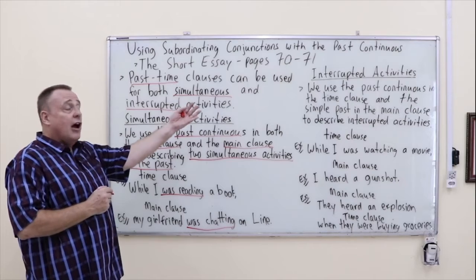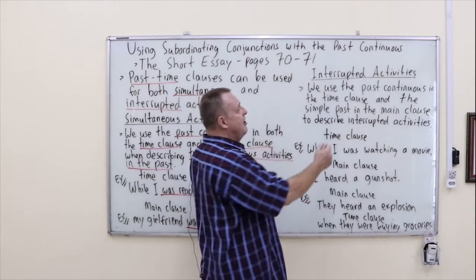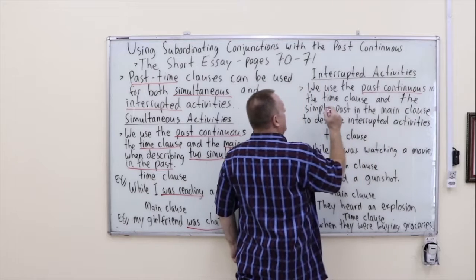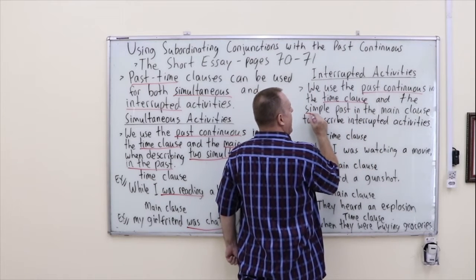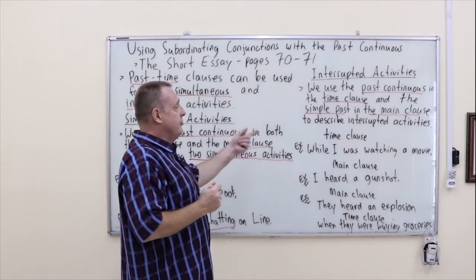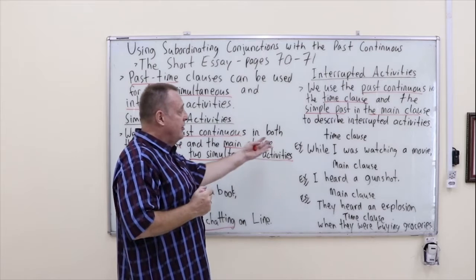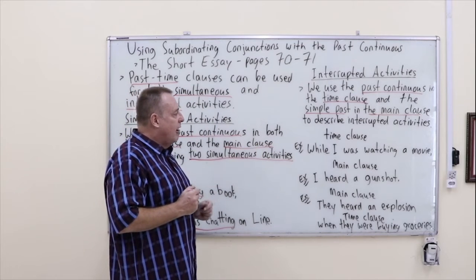Now, let's talk about interrupted activities. So we use the past continuous in the time clause and the simple past in the main clause, okay, to describe interrupted activities. So let's look at this one. So we'll begin with the time clause.